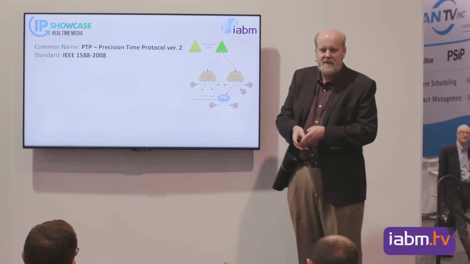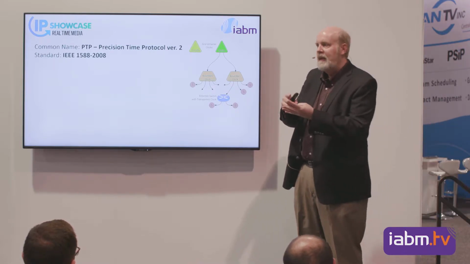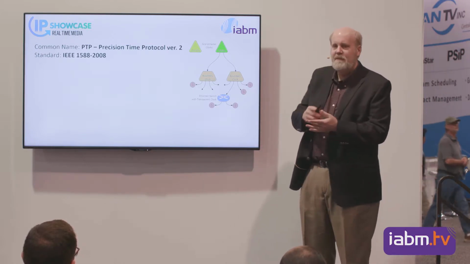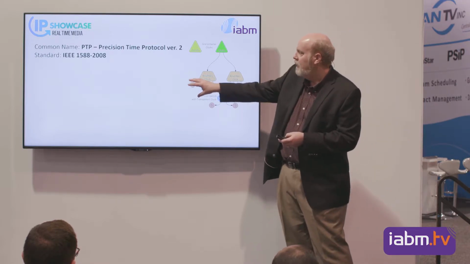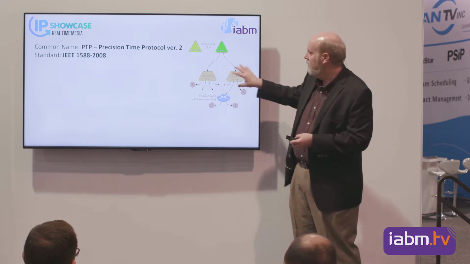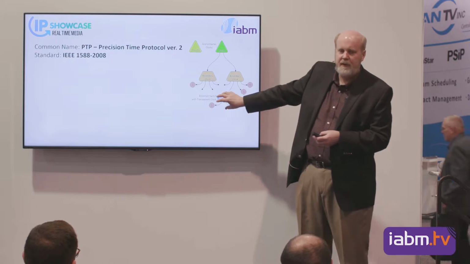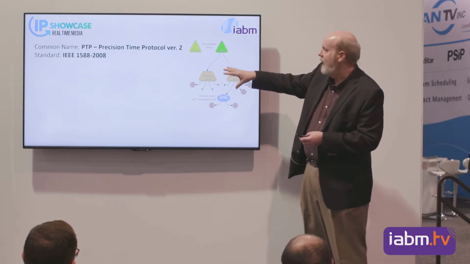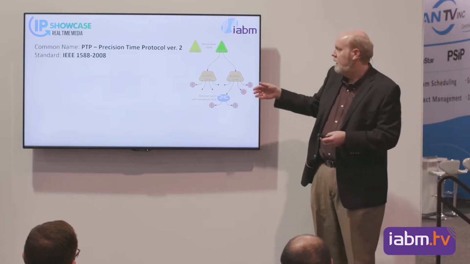And these slave devices can be cameras, they can be microphones, they can be production consoles, they can be monitoring displays, your master playout system. Any device that's going to be processing 2110 is going to have a 1588 slave implemented inside of it. These other devices that you see here, the boundary clock and the Ethernet switch with a transparent clock, provide a way to distribute that master clock through your IP network.